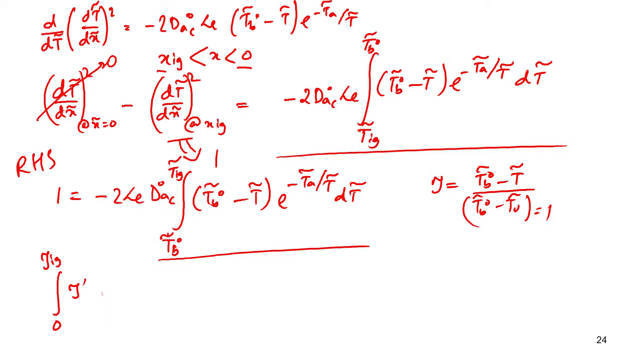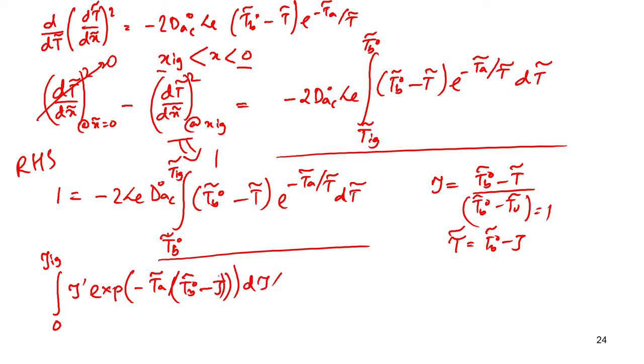So the integrand is tau dashed times e to the power of minus t. If we substitute this now, t tilde is nothing but t_b0 tilde minus tau. So we can write it as exponential of minus Ta tilde divided by t_b0 tilde minus tau, d tau dashed.